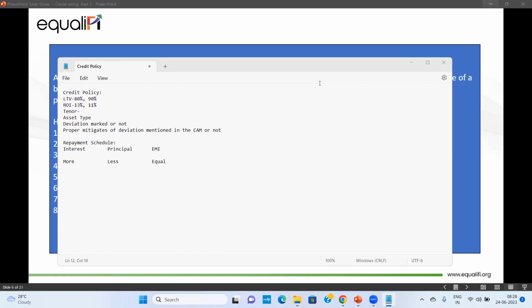You can check what percentage of principal is recovered in the first 1 year in an auto loan, that is a car loan, compared to the first 1 year in a home loan. The home loan's percentage-wise principal recovery is much, much lesser because it has a long tenure. Right?